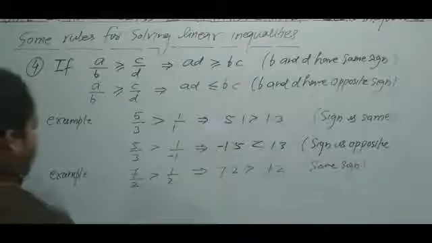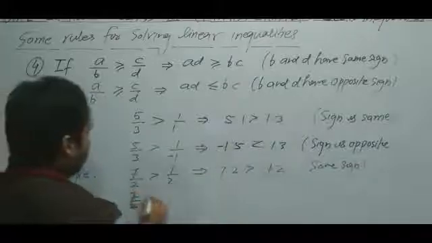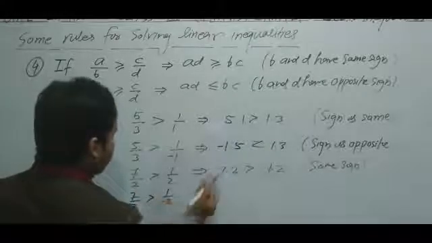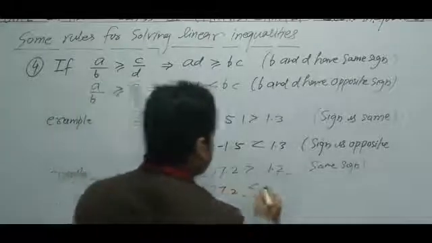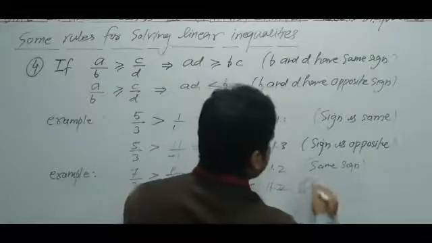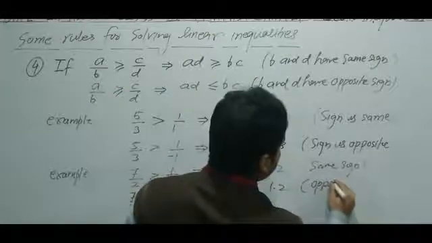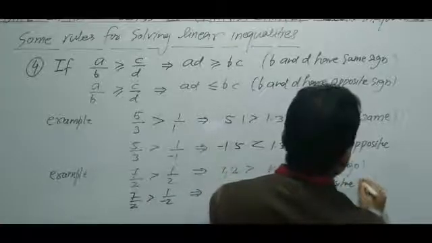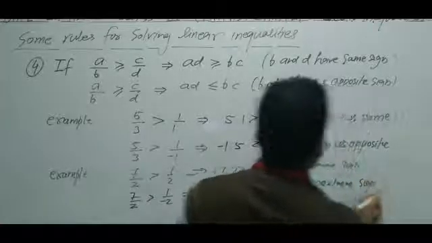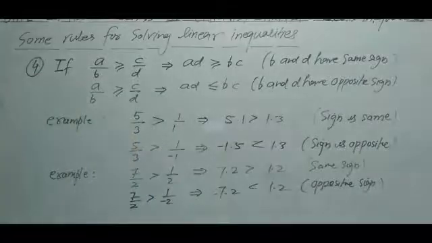And 7 by 2 is greater than minus 1 by 2. This implies we can write 7 into minus 2 is less than 1 into 2. Opposite sign. Now see.